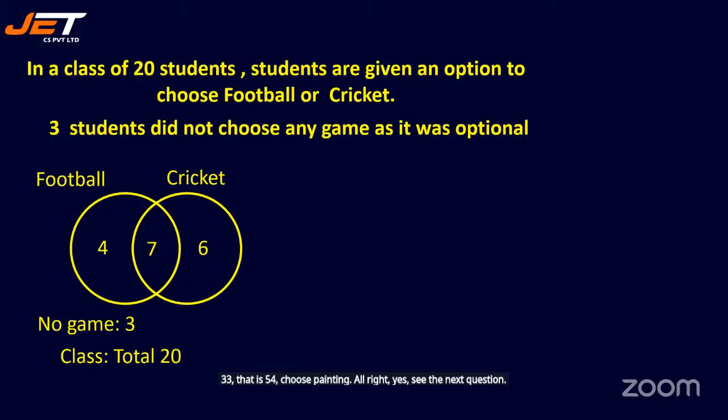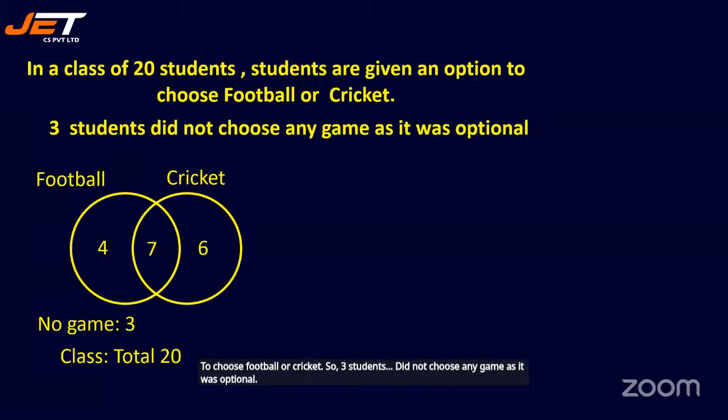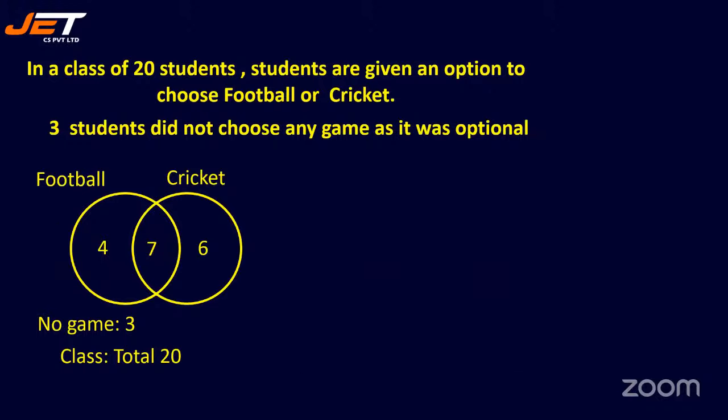In a class of 20 students, students are given an option to choose football or cricket. So 3 students did not choose any game as it was optional. What do you mean by optional? Not compulsory.